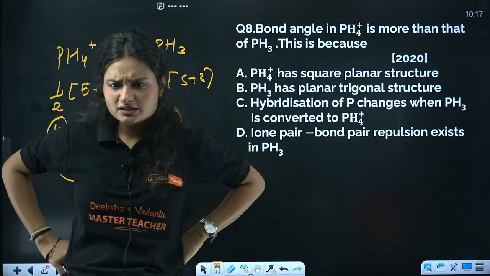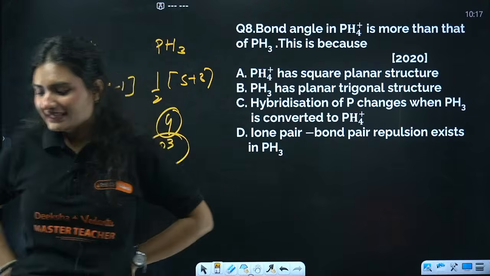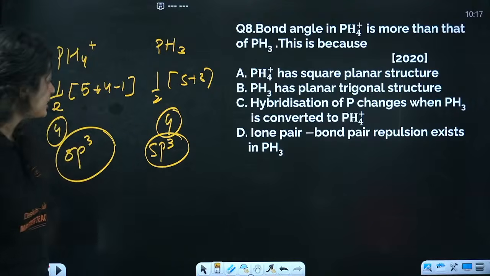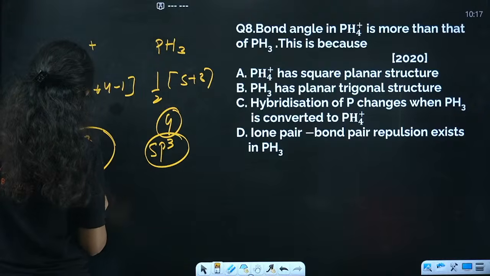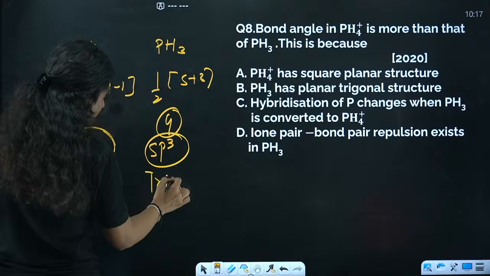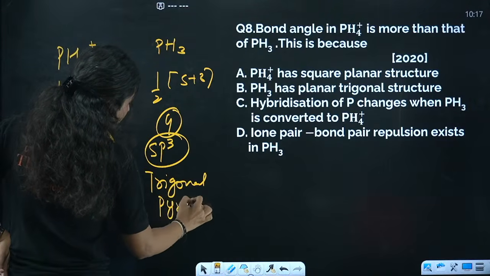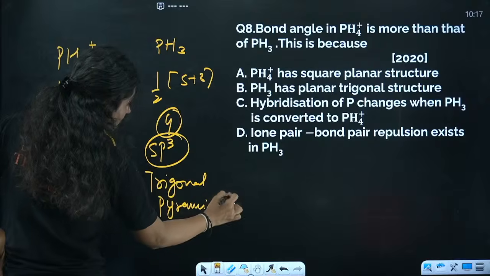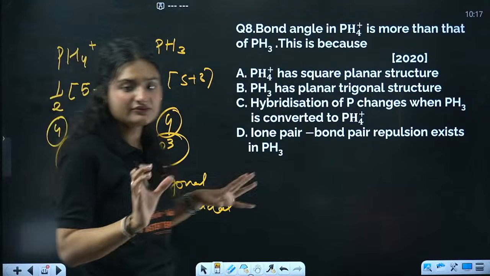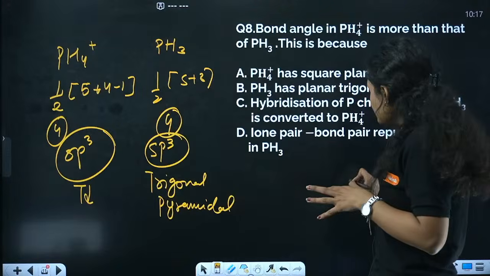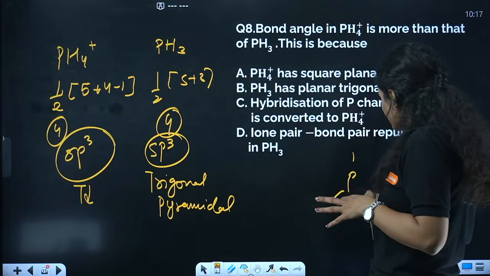PH4 positive has more bond angle than PH3. Why is that? The shape is different. This has tetrahedral and this has trigonal pyramidal. Tetrahedral means shape like this.